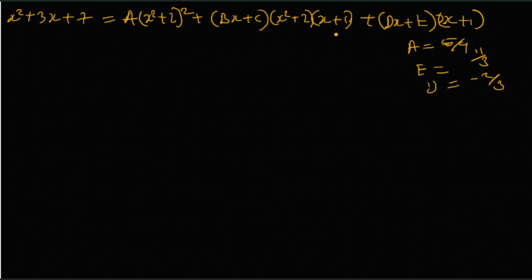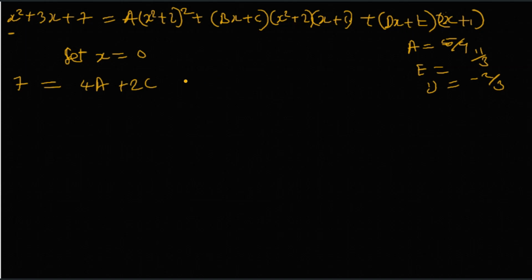So let's see if we can find B and C. Well, the quickest way we can do this is to set x equal to 0. In this case, these terms vanish. Then we'll have 7 equal to 4A. Then B goes to 0, so we'll have C alone. But this is 2C, so that is plus 2C. What do we have here?